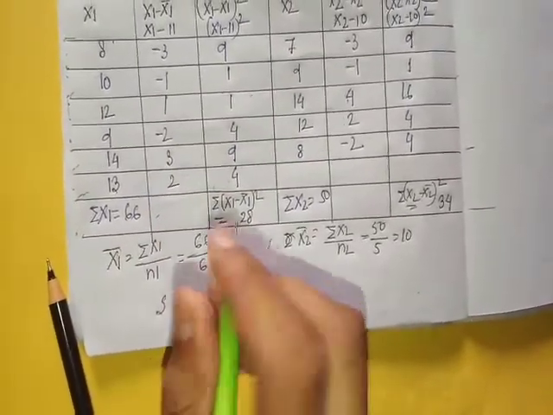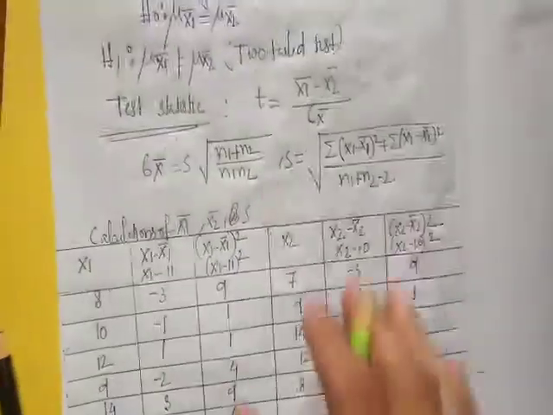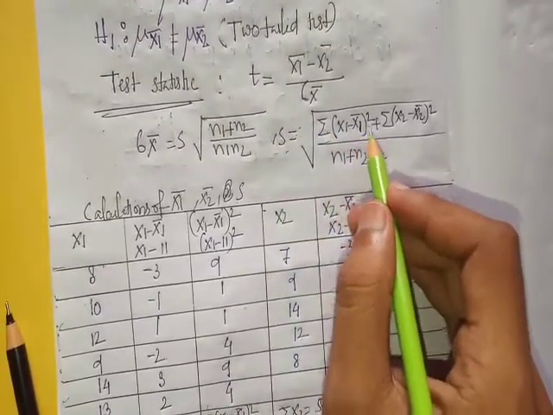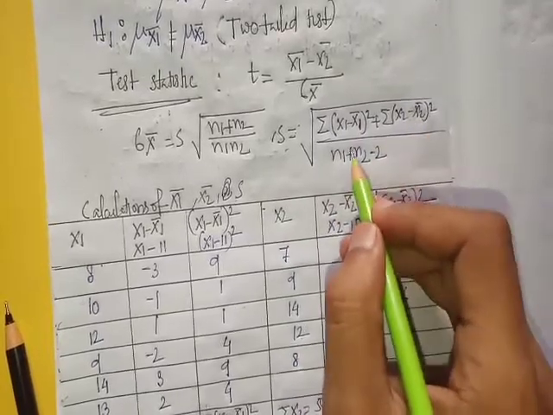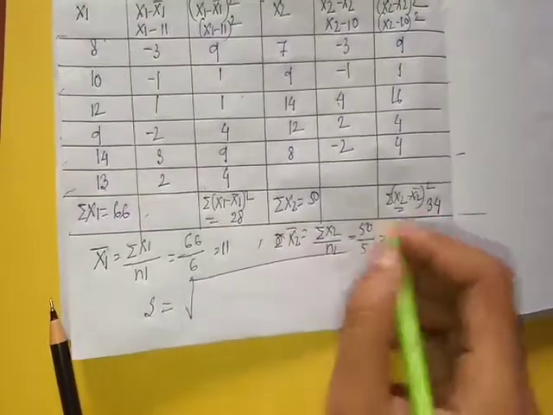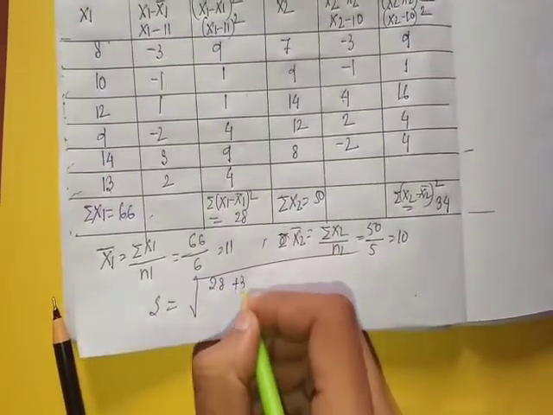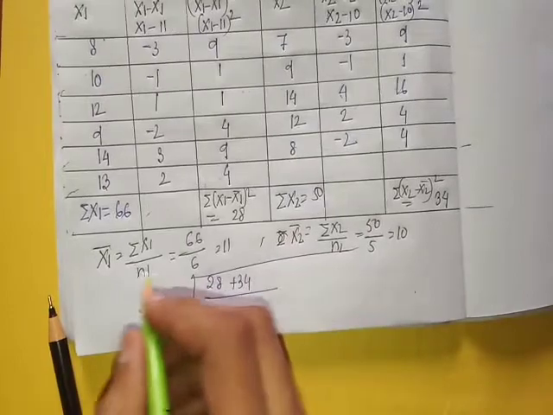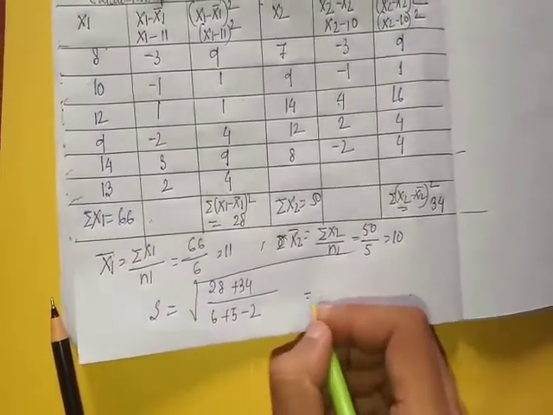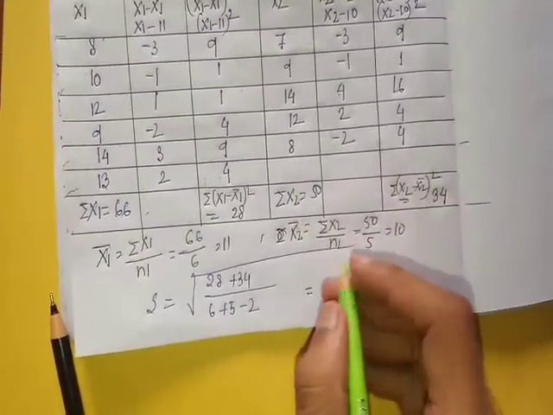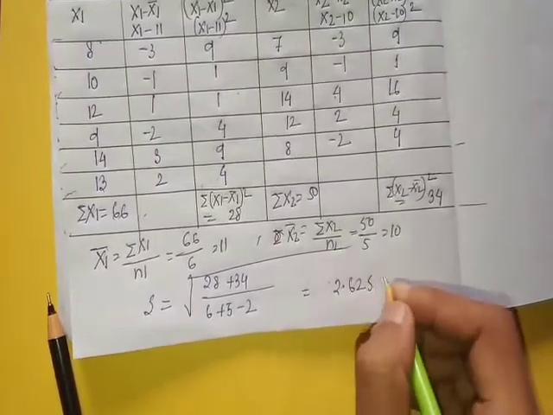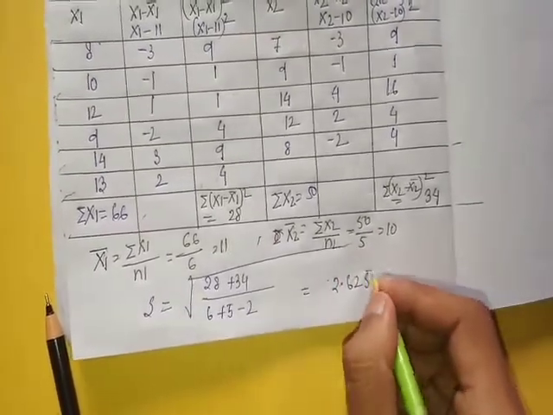The formula of s is root over summation x1 minus x1 bar whole square plus summation x2 minus x2 bar whole square, by n1 plus n2 minus 2. That is root over 28 plus 34 by 6 plus 5 minus 2. After calculation we get the value of s as 2.625.